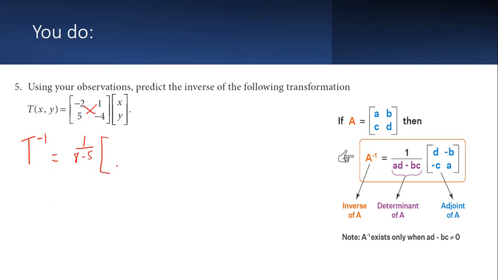Then we said we're switching from top left to bottom right. So -2 and -4 are going to switch. And then we noted that the signs on the other diagonal changed. So instead of a +5 it became a -5, and instead of a +1, it became a -1.